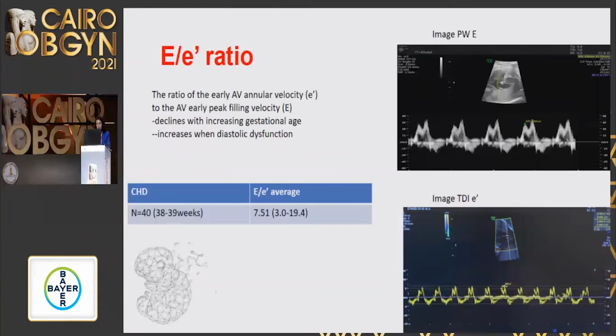One of the highly recommended echocardiographic parameters for the assessment of diastolic function in adults is the E to E prime ratio. However, references for the fetus are limited. Usually, this ratio decreases with gestational age, because of the maturation of cardiomyocytes and the increase in the velocity of E prime.